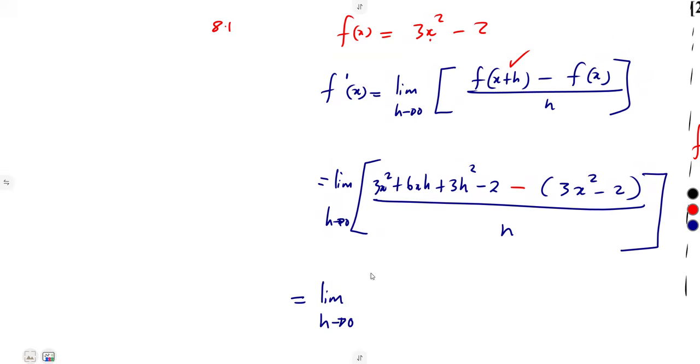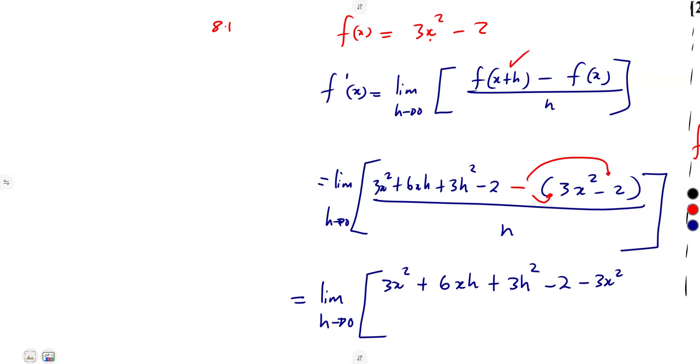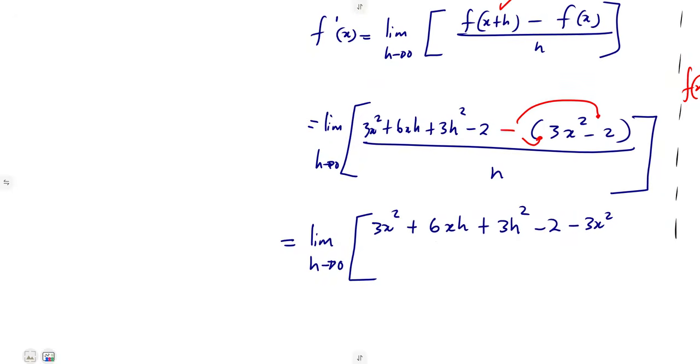What can we do here? Expand brackets so that we can collect our like terms. 3x squared plus 6xh plus 3h squared minus 2. Then expanding by a negative, that's going to be negative 3x squared, negative times negative 2 is going to be a positive 2, all right, everything over h.